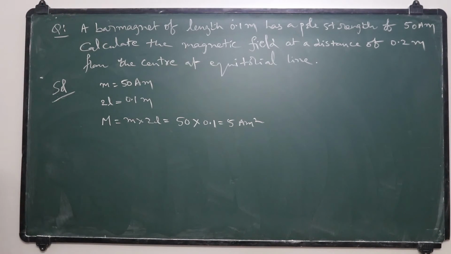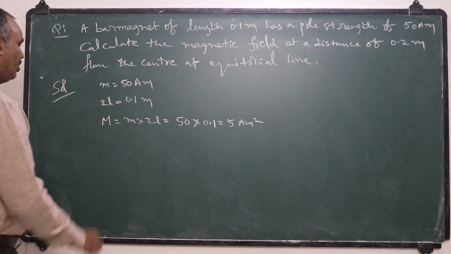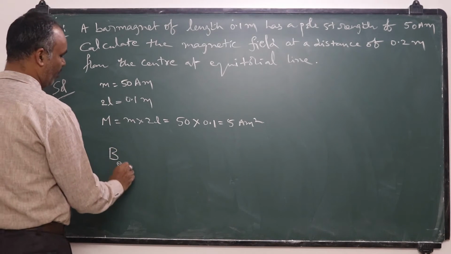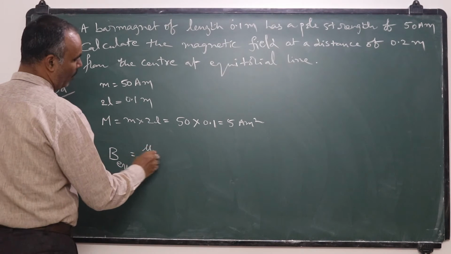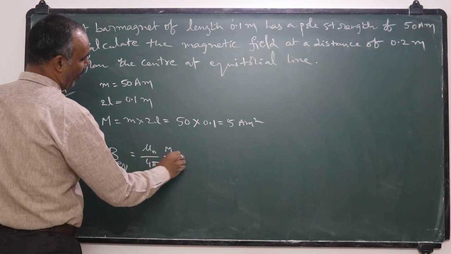Calculate the magnetic induction at a distance of 0.2 meters from the center on the equatorial line. You know that B on the equatorial line is given by mu naught by 4 pi into m by d cube.